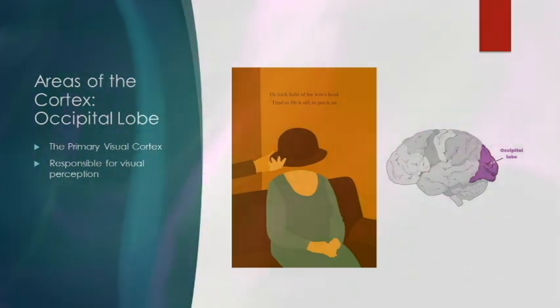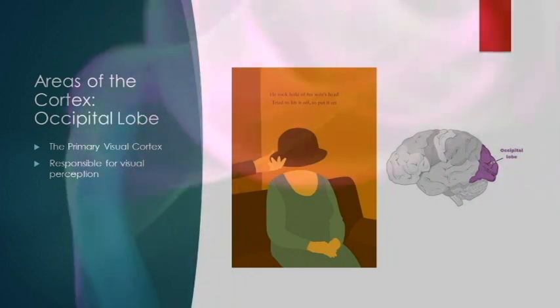So there are various functions of the occipital lobe. The first one, of course, is the primary visual cortex. The primary visual cortex, also known as V1 or the striate cortex, is located in the occipital lobe, and it's the first region to receive visual information in the eye.